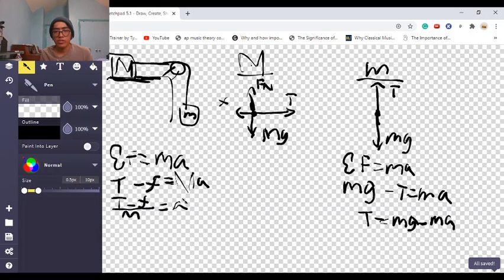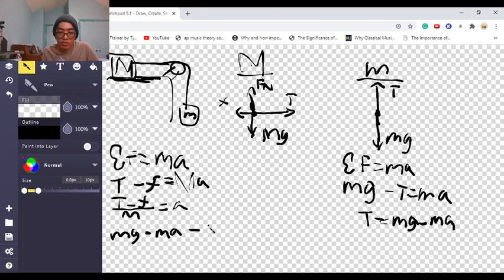Now we're going to substitute that in there. Bear with me. Tension, which is what we found out here, is little mg minus little ma, minus frictional force. Remember, the frictional force is the kinetic coefficient of friction times the normal force, which in this case is big Mg.